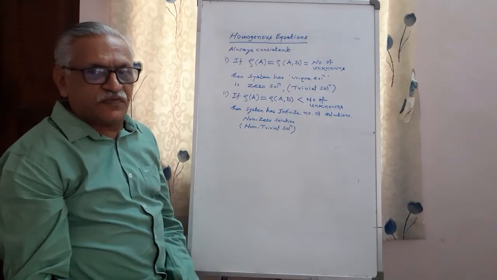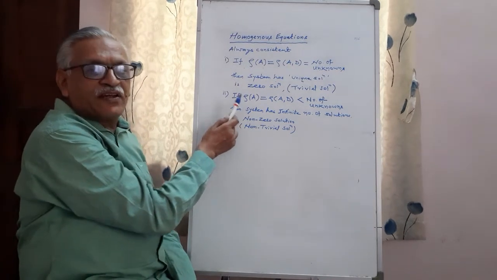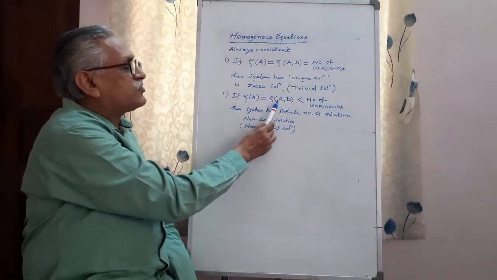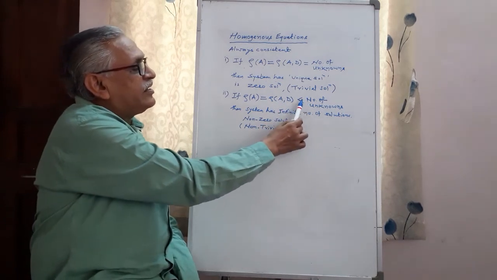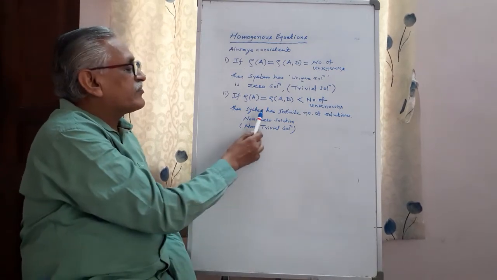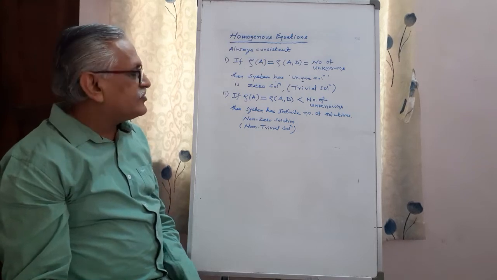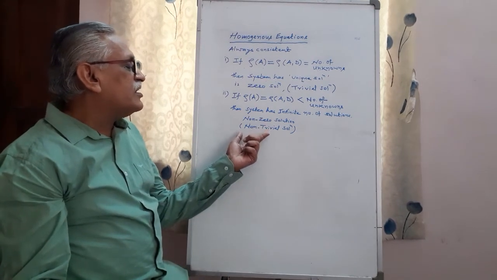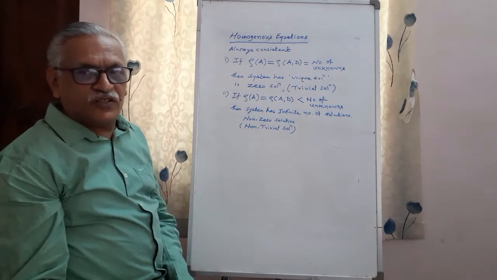Trivial means insignificant solution. Second type, if rank of A is equal to rank of augmented matrix, and it is less than the number of unknowns, then the system has an infinite number of solutions, also known as non-zero solution or non-trivial solution.